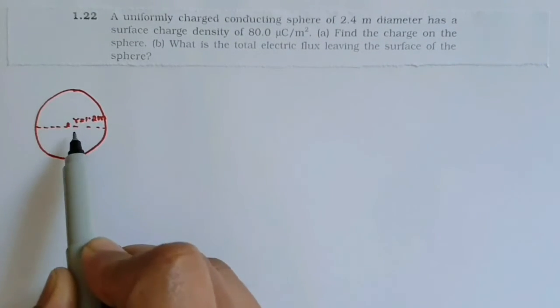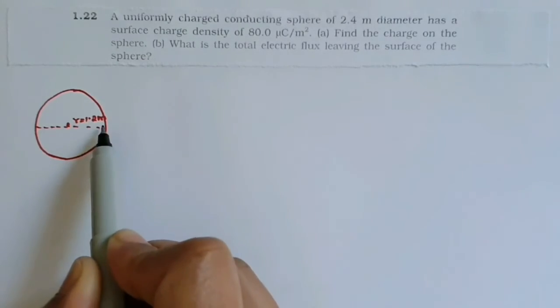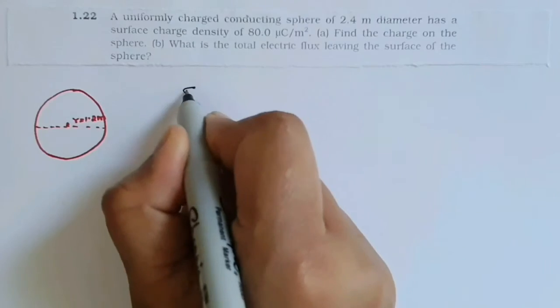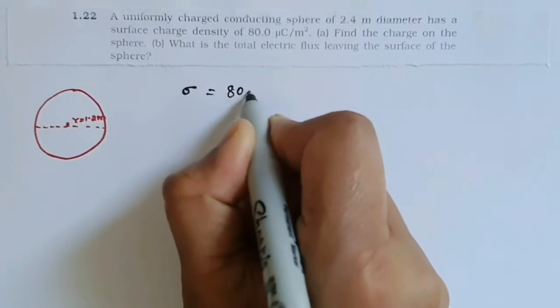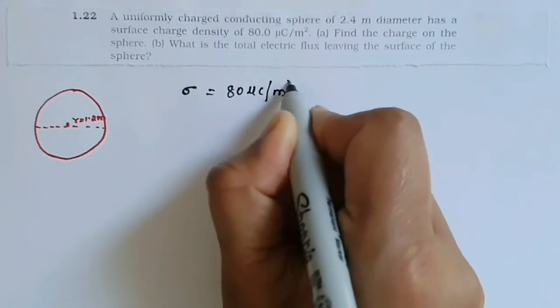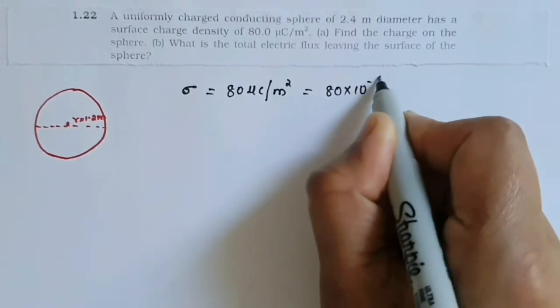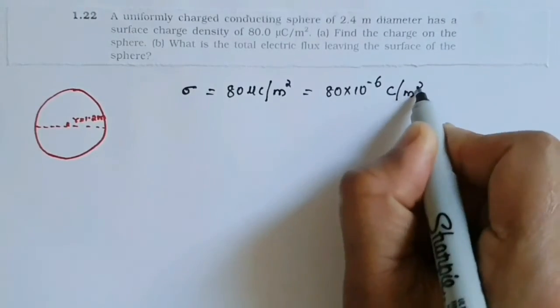Consider a conducting sphere with radius r equal to 1.2 meter. Given the surface charge density sigma equal to 80 microcoulomb per meter square. This is equal to 80 × 10^-6 coulomb per meter square.